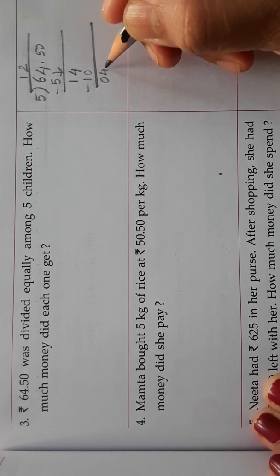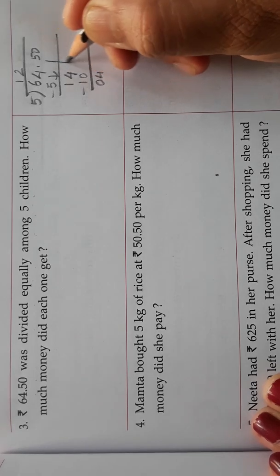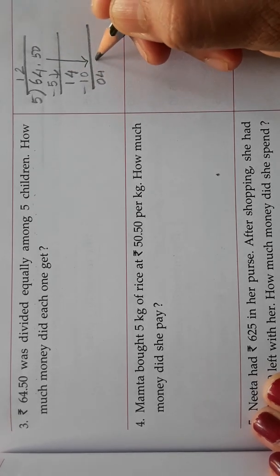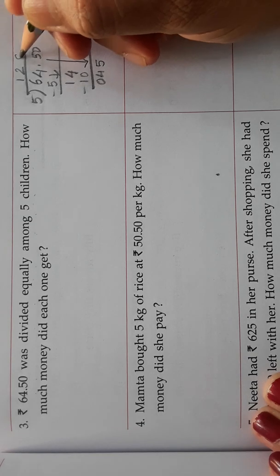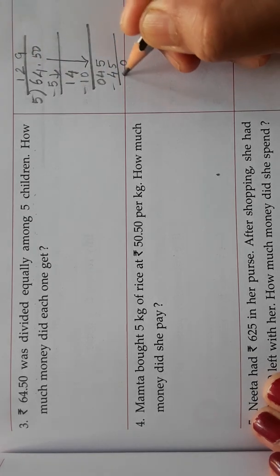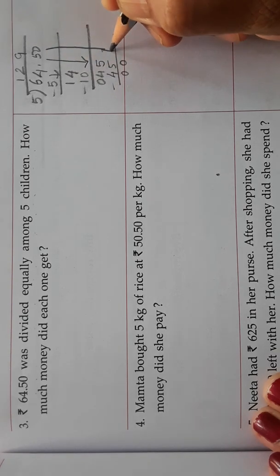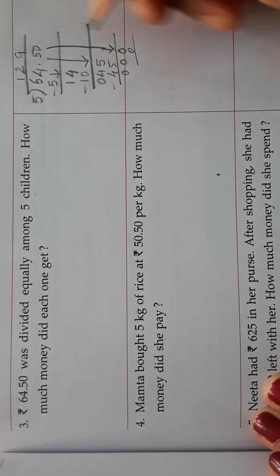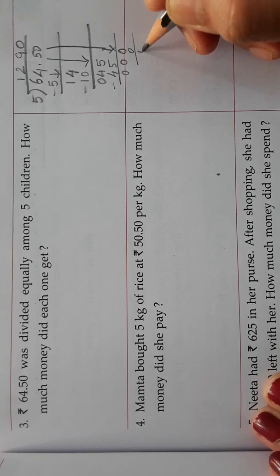Since 4 is the smaller number, take the next number, 45. 9 5s are 45, so 0, and take the next number 0. 0 5s are 0.